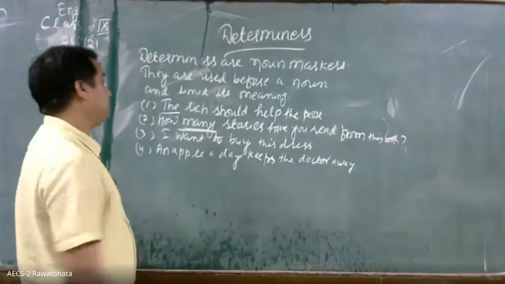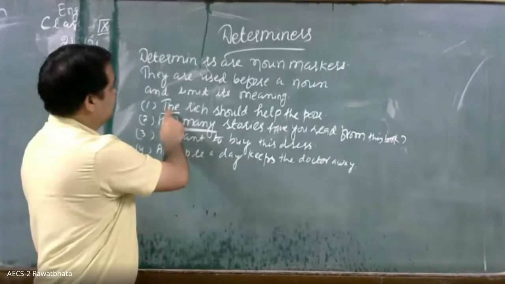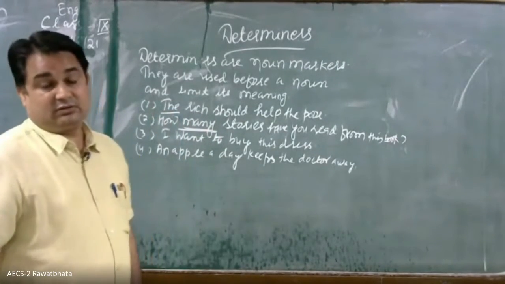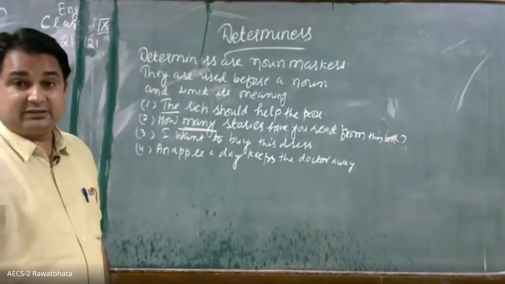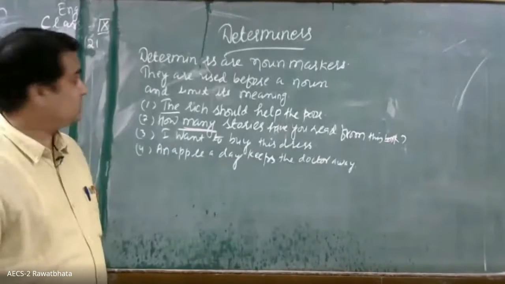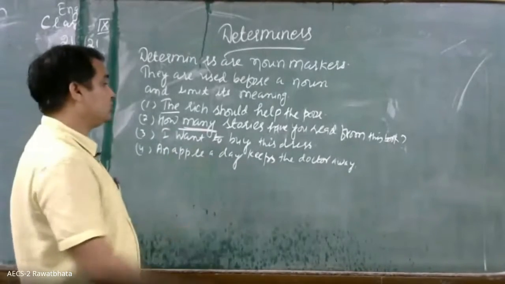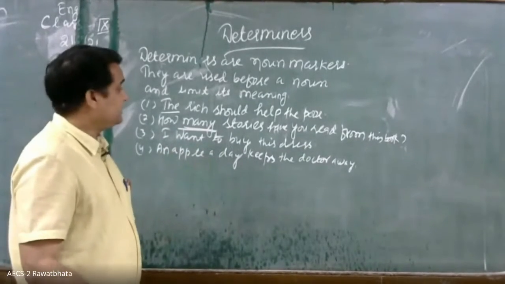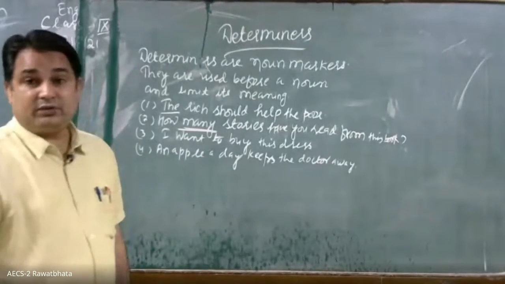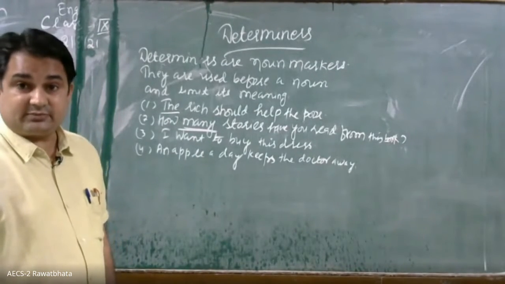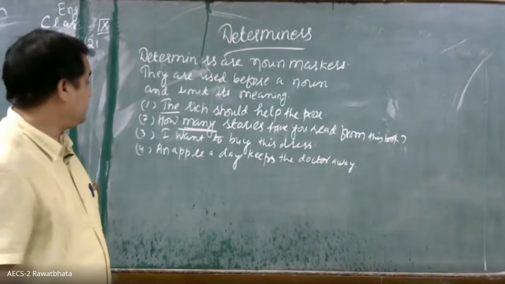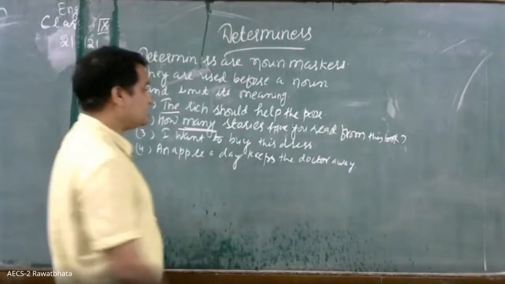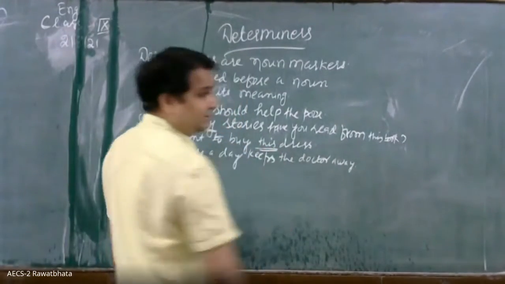The rich should help the poor. The is used before rich, specifying the particular section of the society. How many stories have you read? Many, the determiner, is specifying the number of the stories. I want to buy this dress, a particular dress.